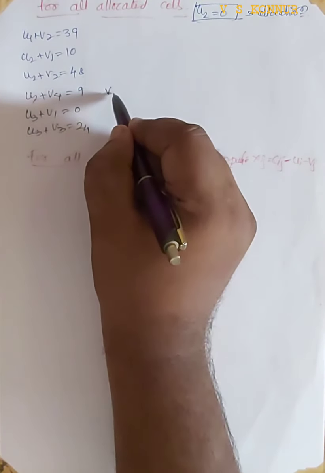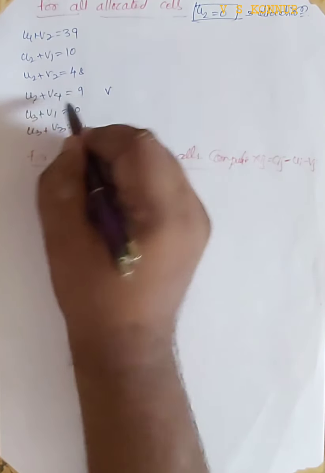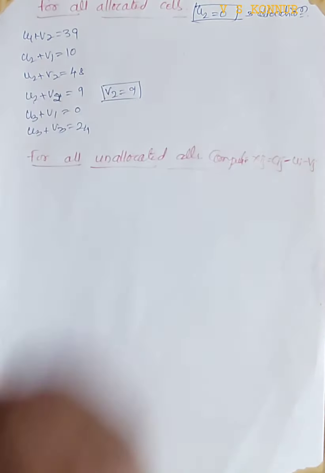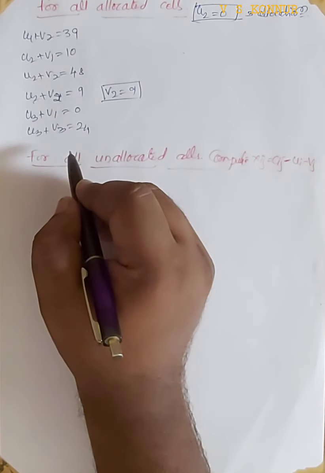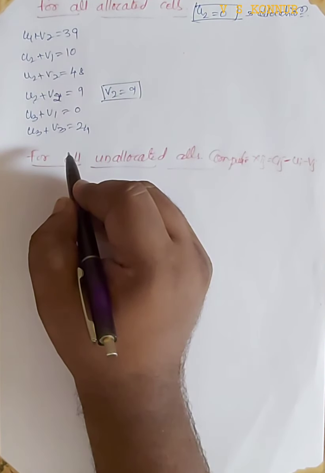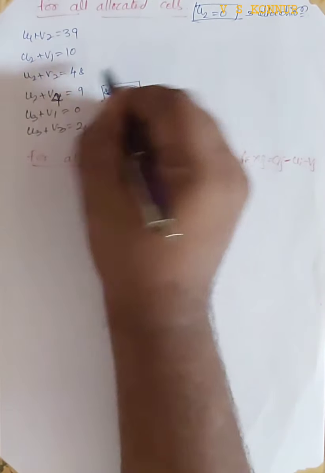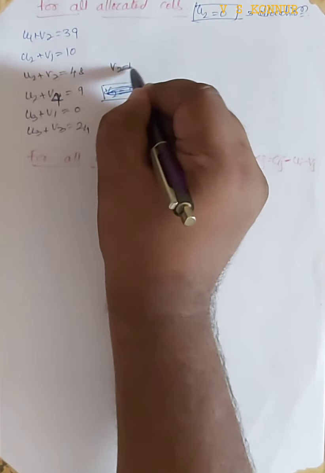So we will get V2 equal to 48. This is U2 plus V4. So here U2 equal to 0, V2 equal to 48 we will get.